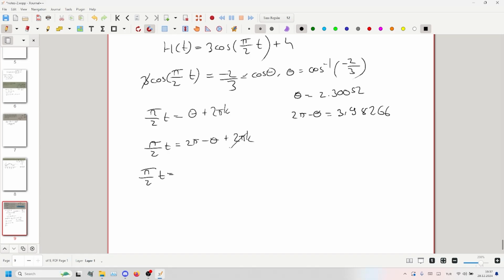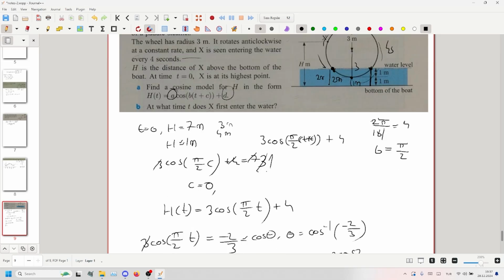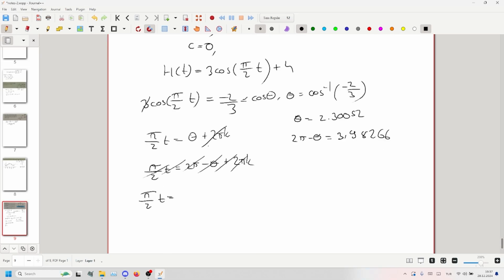So we actually don't need to solve for this. And it asks us to find the first time t at which x enters the water. So we don't really need to care about the 2 pi k either. So we just need to solve for pi halves t is equal to theta. So you just need to multiply this by 2 over pi. So what is that equal to?